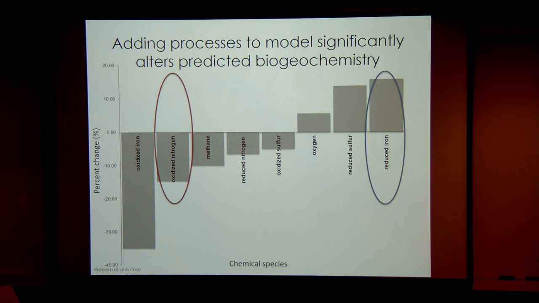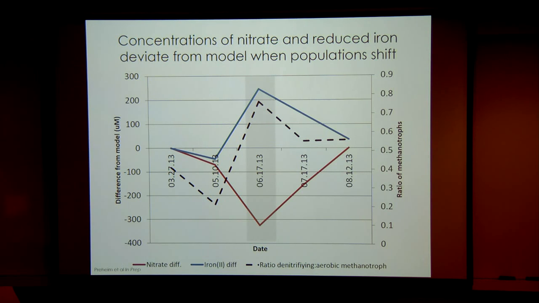We also looked at nitrate. So our observations are consistent with this idea that maybe this organism is involved in anaerobic methane oxidation in the lake and altering the biogeochemistry. So this is the ratio of these organisms, the one organism to the other.